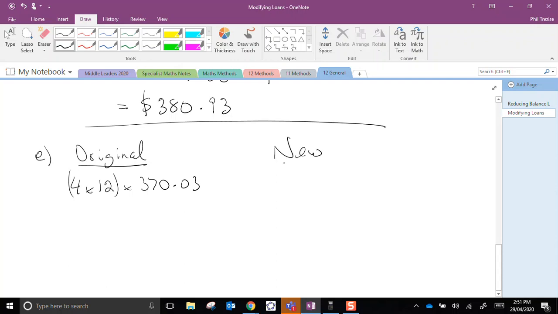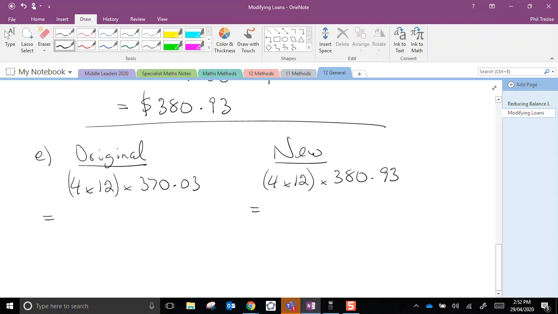The new conditions with the interest rate rise, he's got 4 years worth of 12 payments, and the new payments are $380.93. So he would have made this size payment for 4 years if the interest rate didn't go up. But the interest rate did go up, he now has to make this payment.